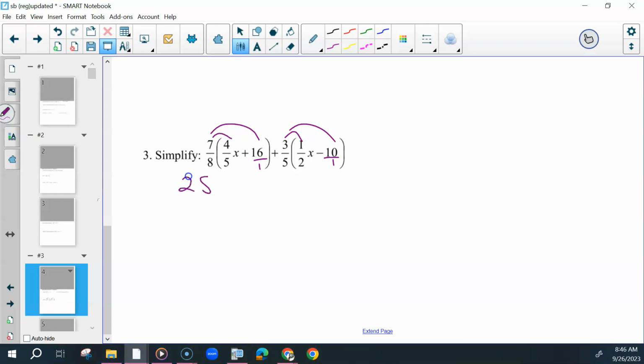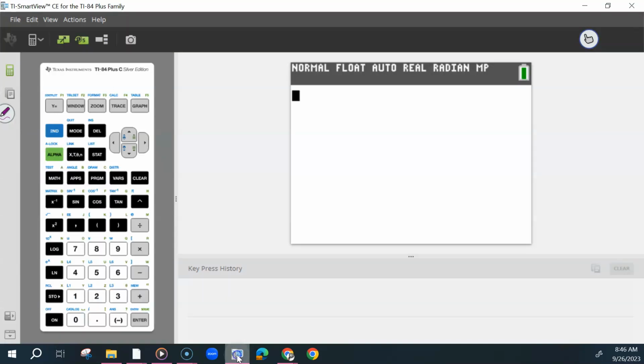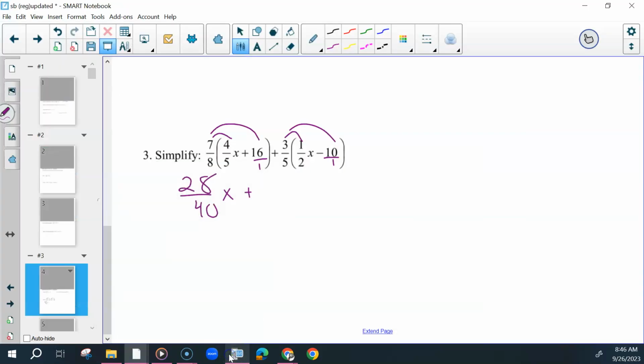So we have 28 over 40, x plus 12, plus 3/10 x minus 30 over 1. And then we could start to simplify. Some of you, again, maybe didn't do this part and just simplified right off the bat. That was fine.